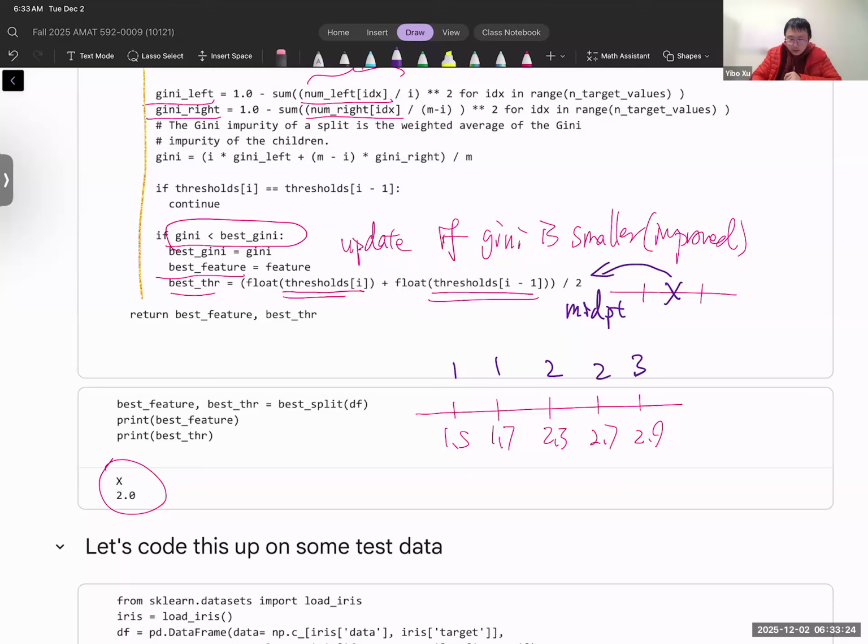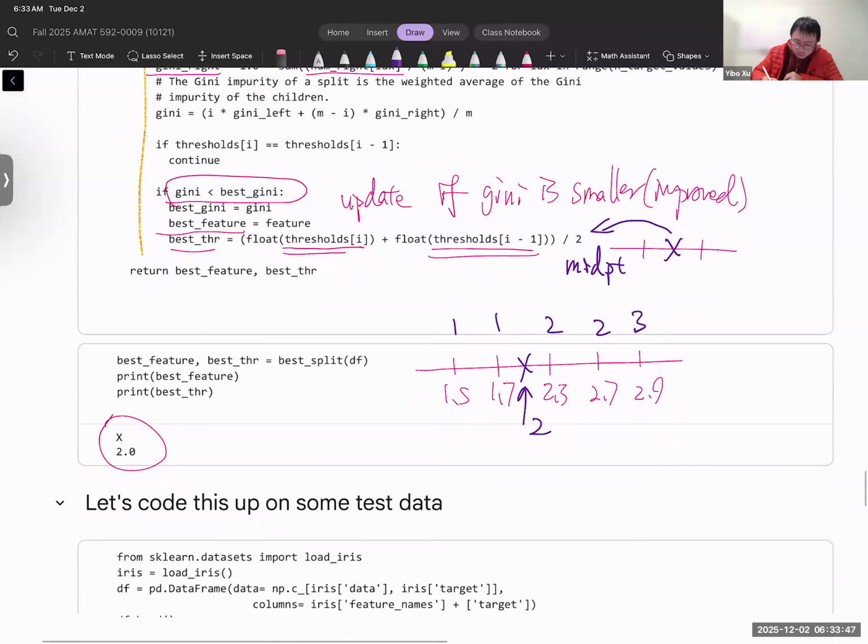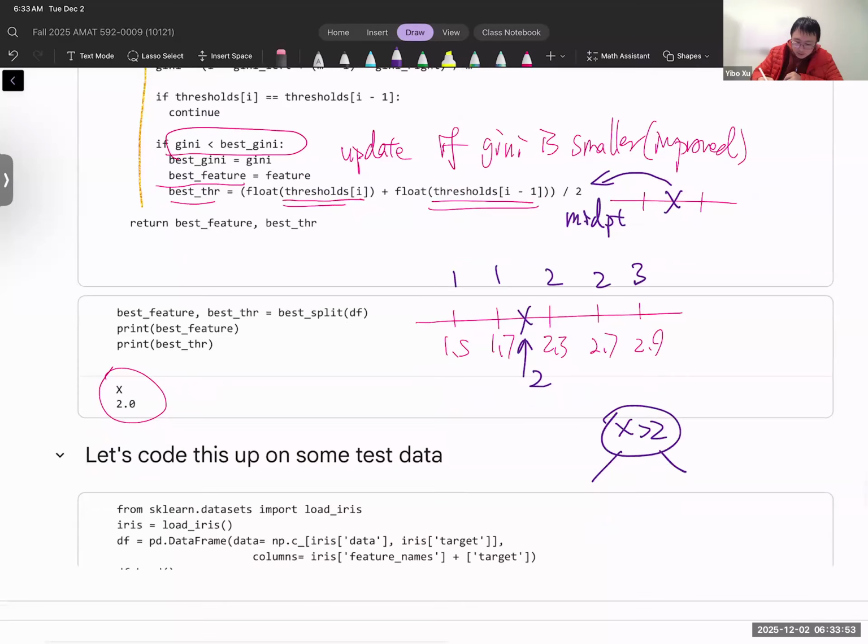Okay, so if you want to separate, these two are the thresholds, right? But indeed the first threshold that they compute is 2. So 2 is this midpoint. It tells you the root: is x larger than 2 or less than 2. So that's the root. Less than 2, we have all the data points that give you 1 as the label. From the right hand side, we need to branch.